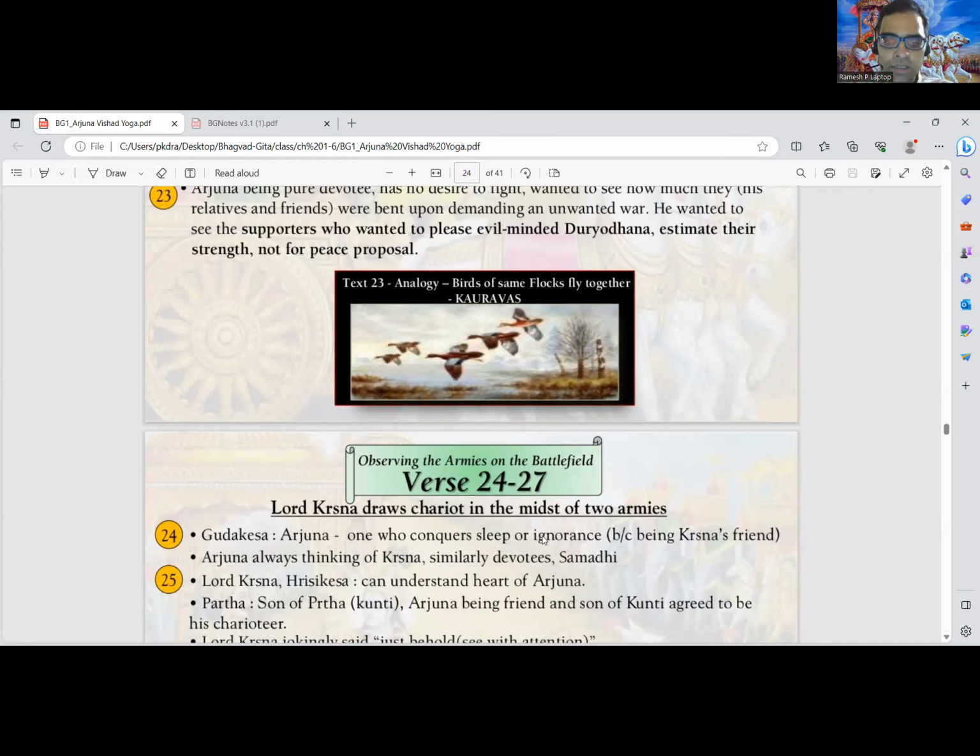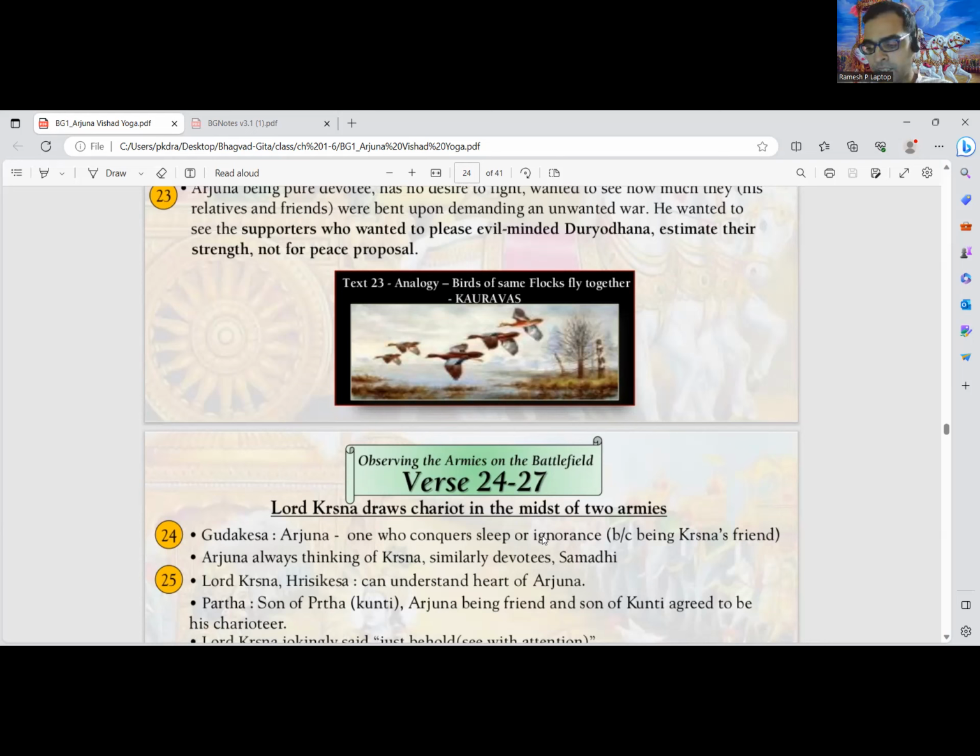The reason Arjuna is called Gudakesha is because he has conquered ignorance. He is a pure devotee of Krishna, in complete trance, and thinks of Krishna all the time. That is the deeper meaning of Gudakesha.